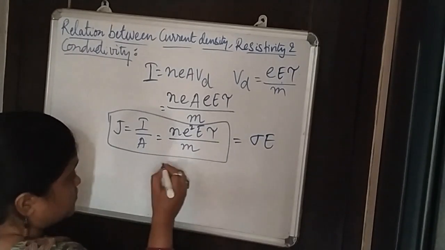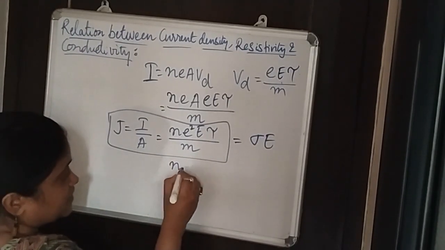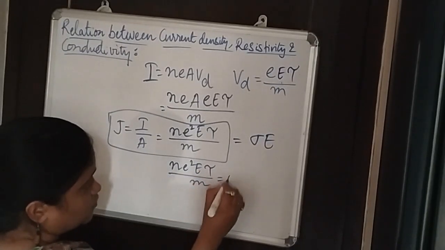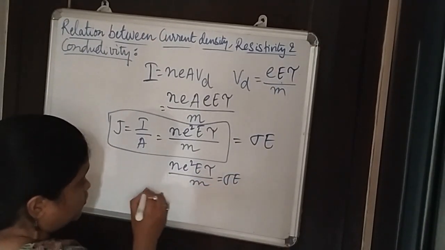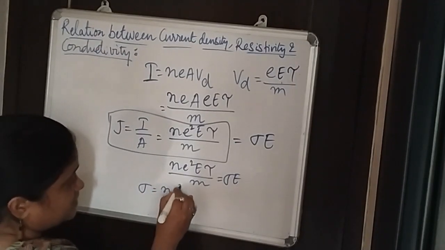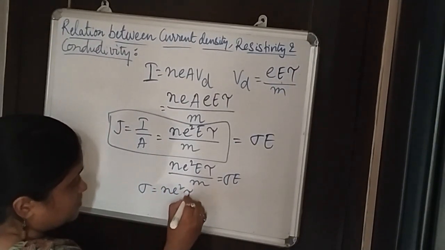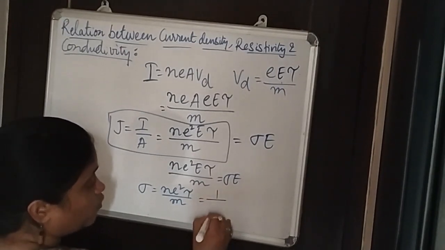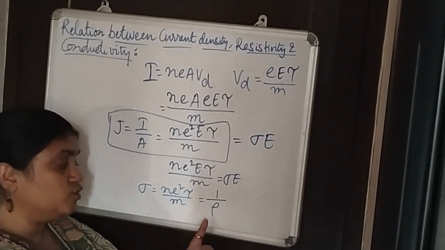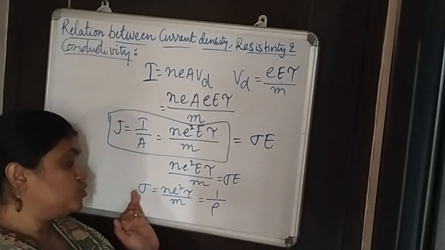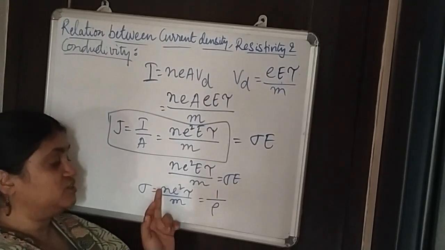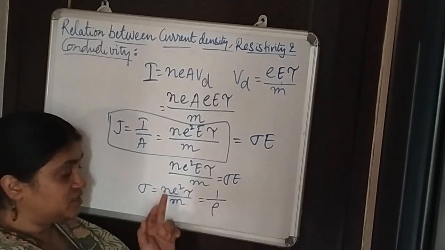So we substitute that and we get n e square E tau by m is what is sigma E, and therefore sigma is n e square tau by m, right? So sigma is 1 by rho, where rho is the resistivity, therefore 1 by rho equals n e square tau by m.